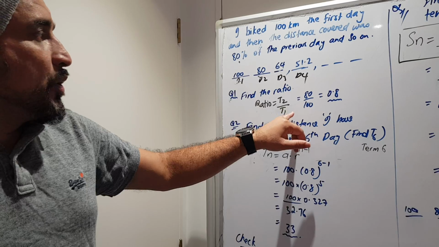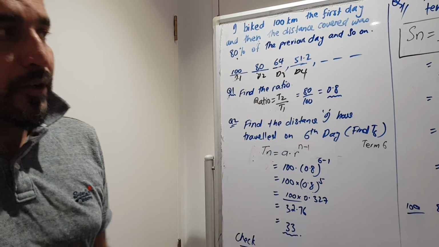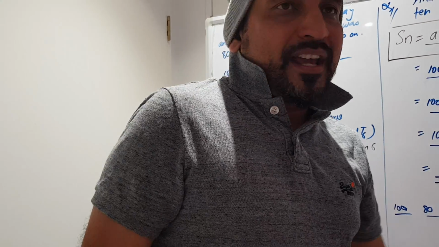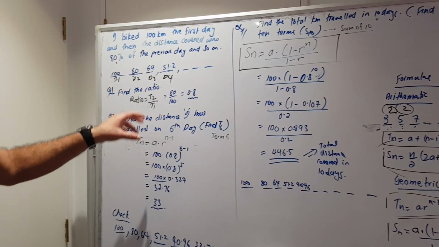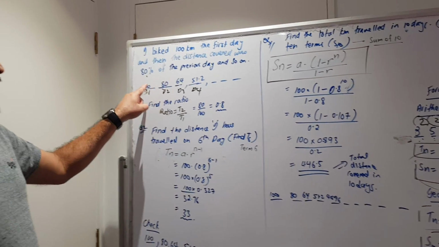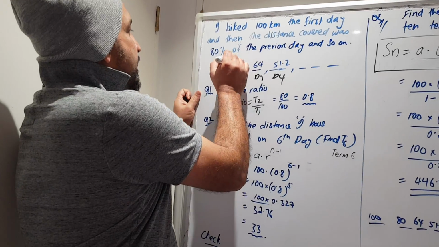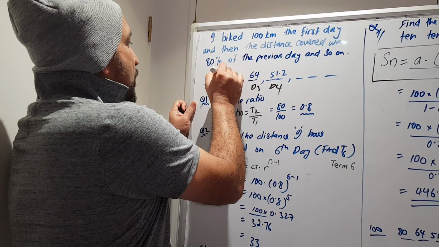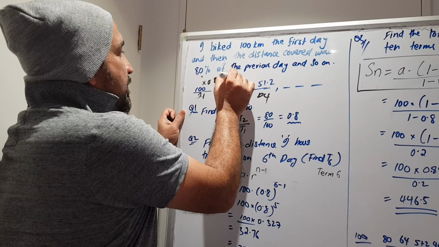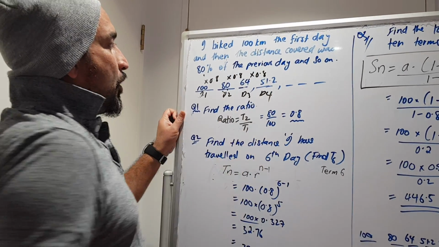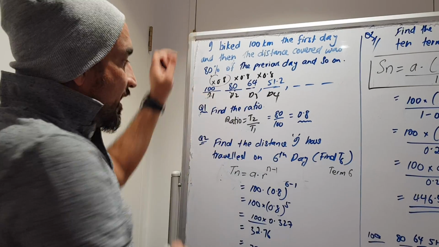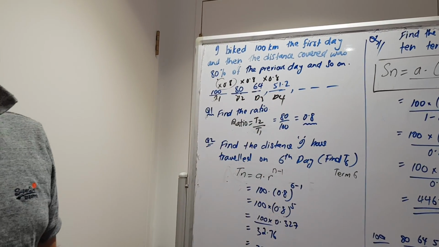To find the ratio is term 2 divided by term 1, not term 2 minus term 1 as in arithmetic. In geometric, to find the ratio, if it is common, 80 divided by 100 is 0.8. So times by 0.8 is 80, times by 0.8 is 64, times by 0.8 is 51.2. That means 0.8 is the common ratio.